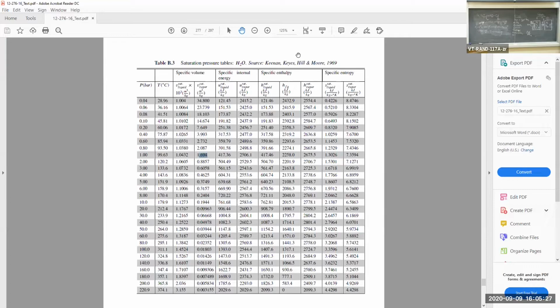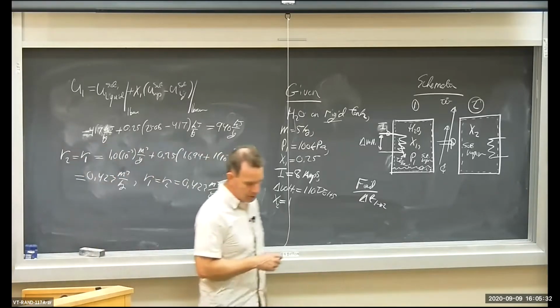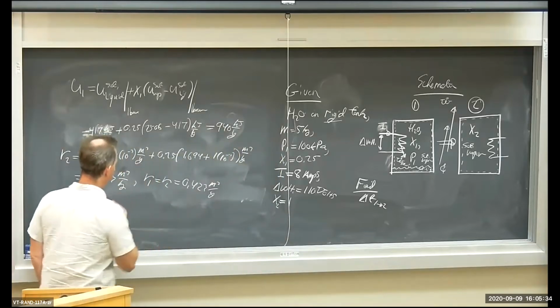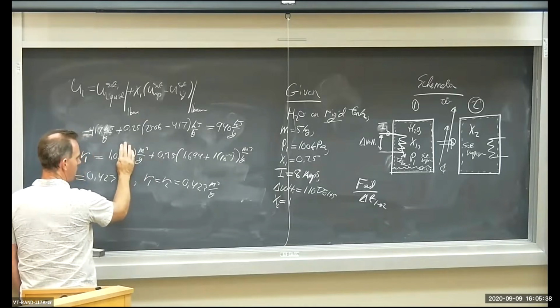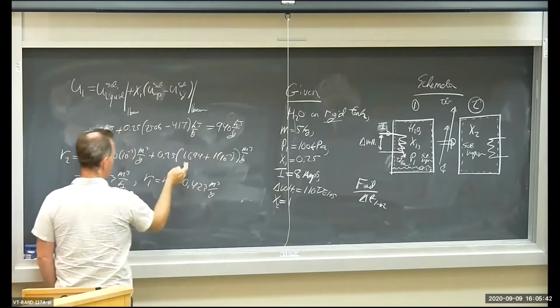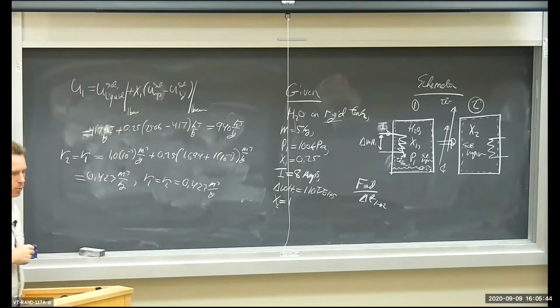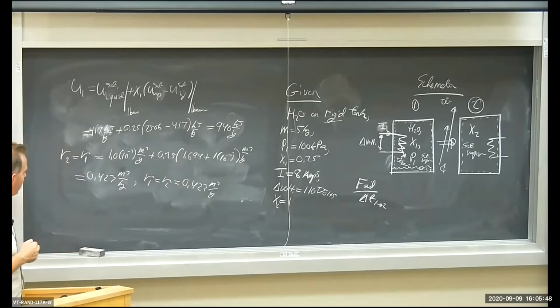Sorry, I plugged in for all the specific volumes in my quality equation. There's the quality, 0.25. I neglected the specific volume for the saturated liquid, very small, and I just did 0.25 times 1.694, the specific volume of the saturated vapor, and I get 0.42 cubic meters per kilogram.